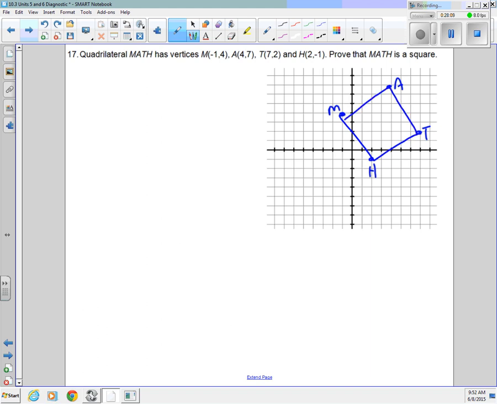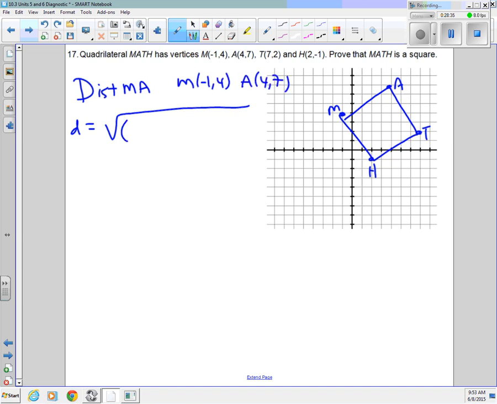So proving it's a square, I can prove it's a rhombus with some right angles. That's probably the easiest way to do it. So proving it's a rhombus with right angles, I want to get the distance of all 4 sides. We'll do MA first. M has the points -1, 4, and A has 4, 7.